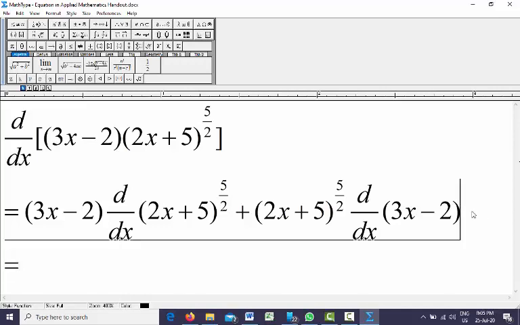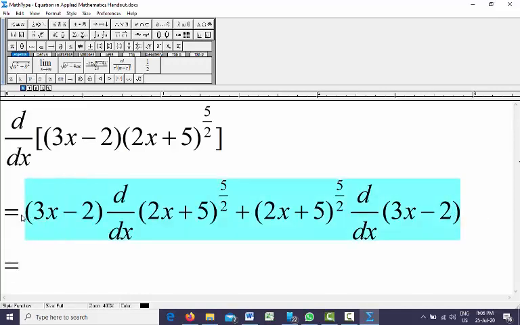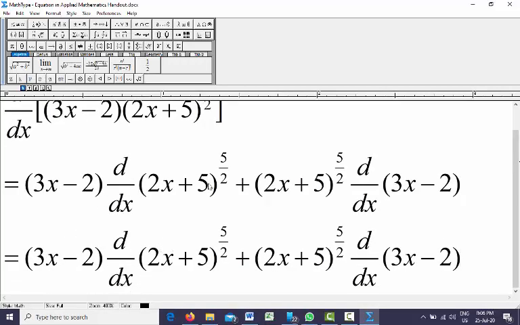Right, so now what will we do? Now we will do differentiation of this one. As you know already, in the last exercise we studied that if you have a power and you want to do differentiation, you have to do differentiation of the power first. That means you need to unlock it first. This one is locked by this power.